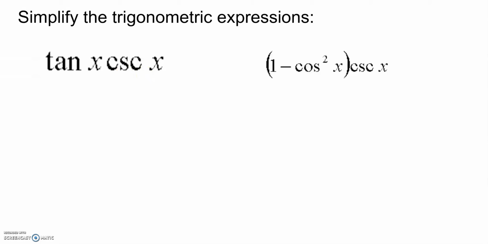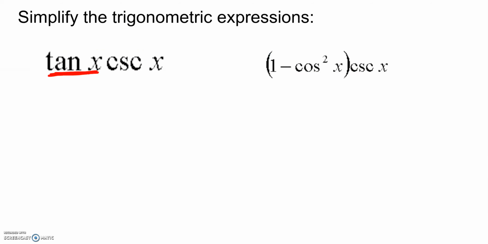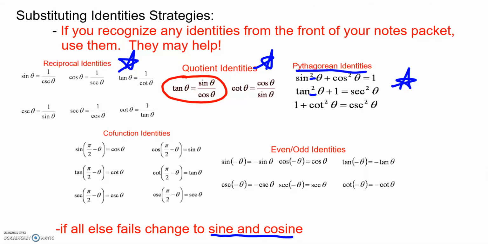And so what I think about is, when I look at tangent, a good last resort is changing things to sine and cosine if you don't know what else to do. I know from the identities that tangent is equal to sine over cosine. So if I took tangent and replaced it with sine of x over cosine of x times cosecant of x, if I go back to my identities, cosecant of x is really the same as 1 over sine.